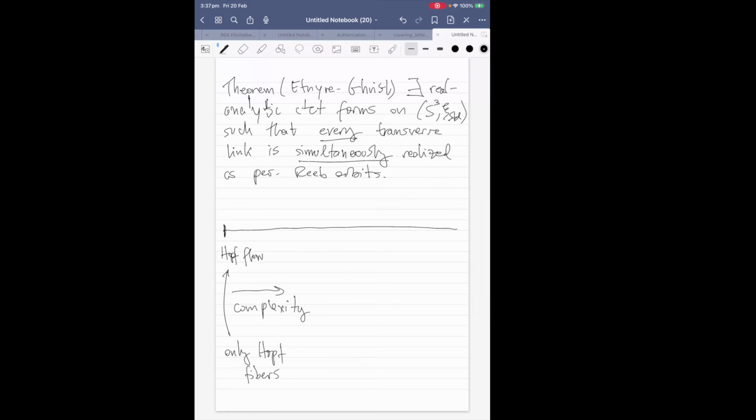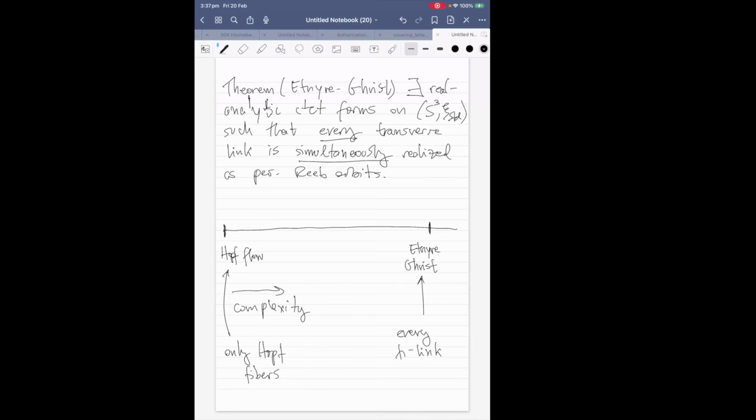The flow is integrable, it's totally periodic and nice, easy to understand. At the other end of the spectrum, you have these examples by Edtmair and Grist, right? So every transverse link is there. And the question is whether we can explore what happens in between these two extreme cases in a mathematically meaningful way.